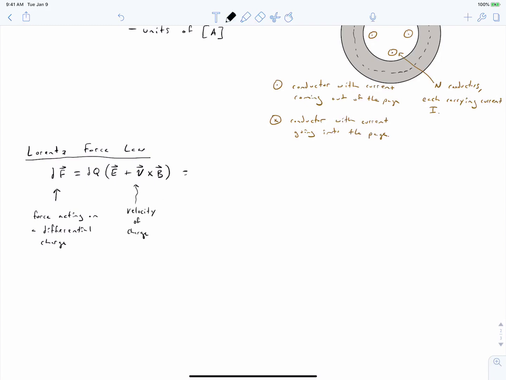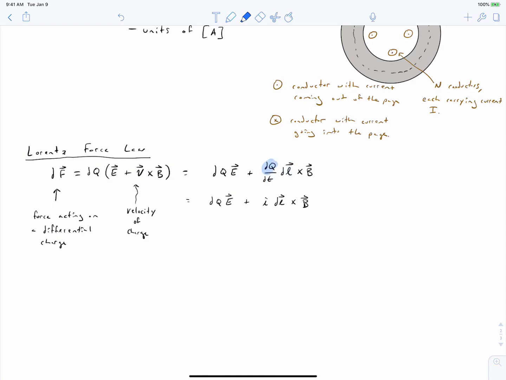So if we work on this equation a little bit, we can manipulate it into all types of forms, which will be used throughout this course. But I want to draw your attention particularly to the following form. We rewrote our velocity term as our velocity times our differential charge as being the quantity dq by dt times the differential length, or the direction that our velocity is going over one differential unit of time.